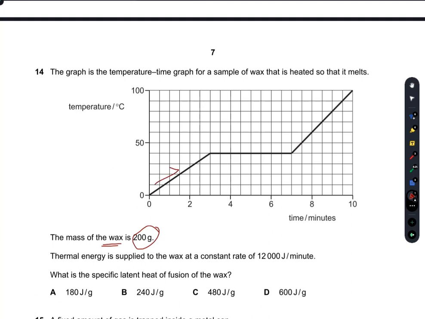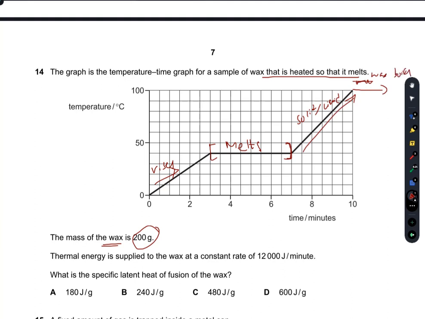So the temperature rises here, and then during this time the wax starts to melt. So we have to find the time at which it has melted completely, so that it exists as solid and liquid in this region, and then if we further increase the temperature, the wax boils.